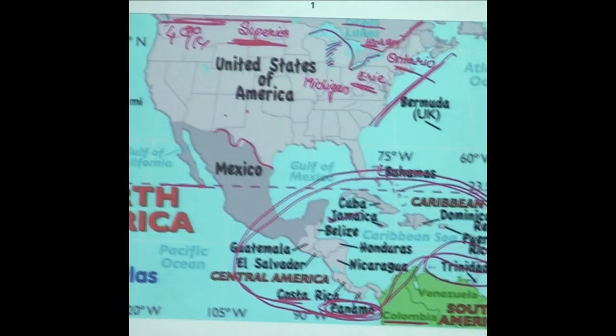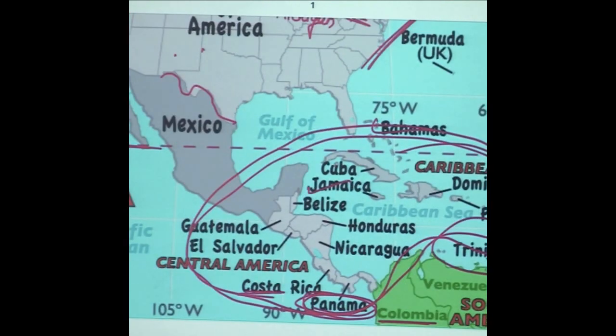It can be a troubling task when it comes to the Caribbean islands. So be very cautious with the countries that are exclusive, like Guatemala, El Salvador, Costa Rica, Panama, Nicaragua, Honduras, Belize, mainland countries and their shoreline characteristics.